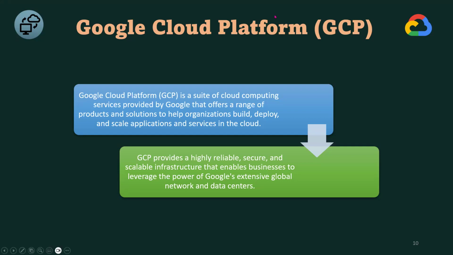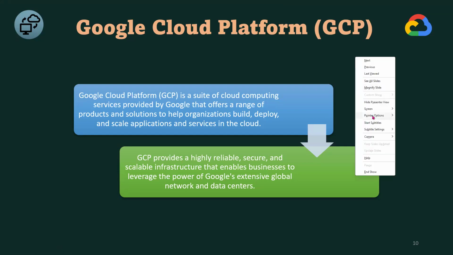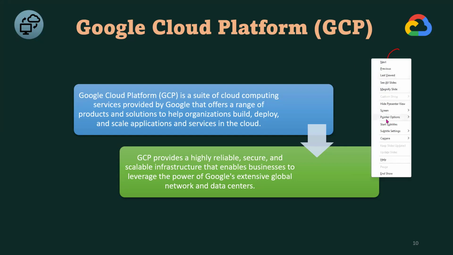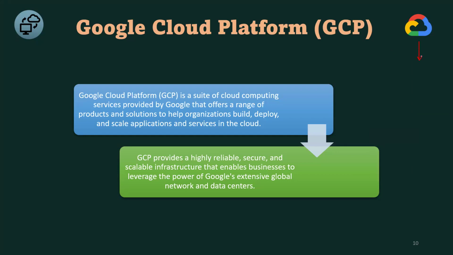You can just remember it like this, you don't need to worry about the definition. GCP is a leading cloud provider. Cloud providers provide you cloud computing services. These services are very useful for organizations to build, deploy, and scale their applications and services in the cloud.